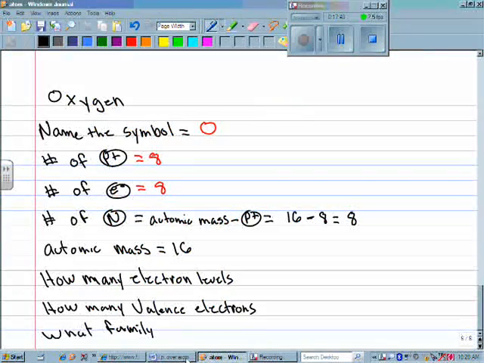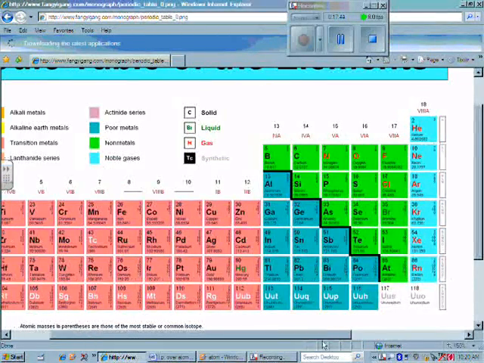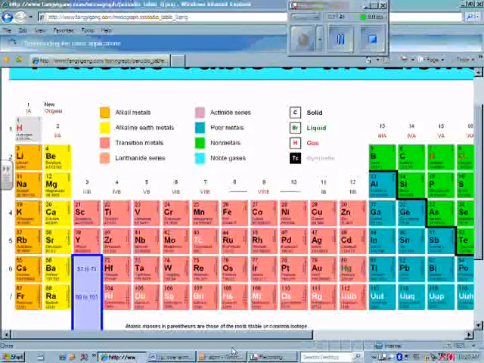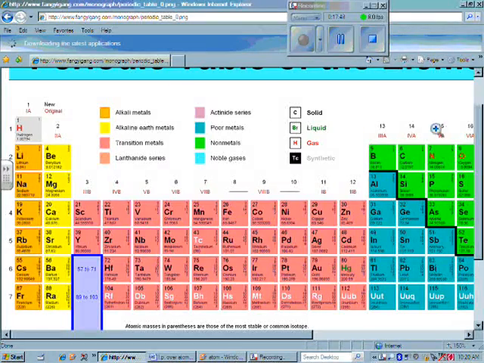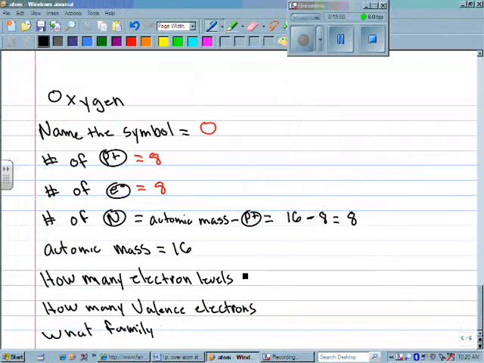So when we look at this periodic table again, we go over here, and it's rows. What row is it in? So we look over here. See this little number? 1, 2, 3, 4. So it's in row 2. So that tells us that it has 2 levels.